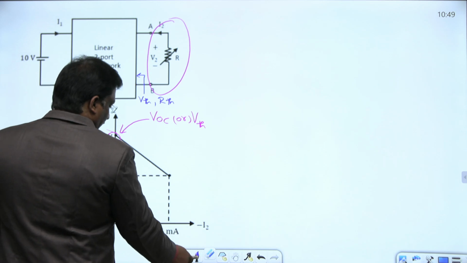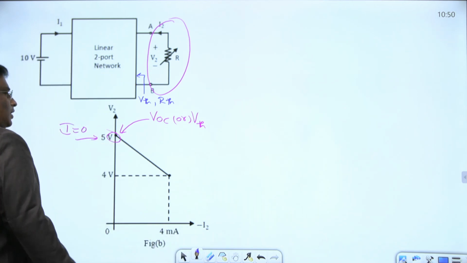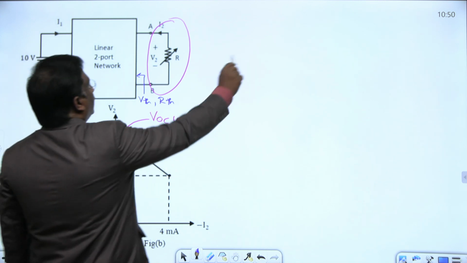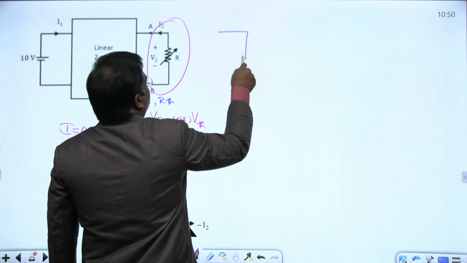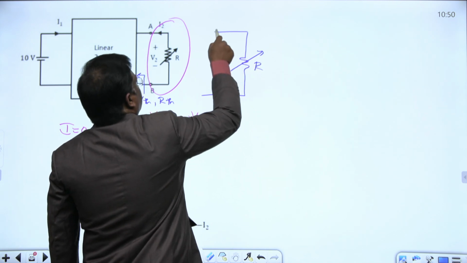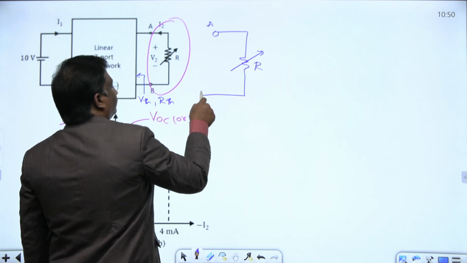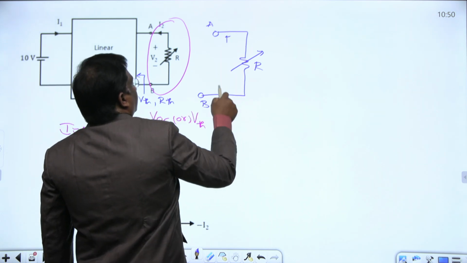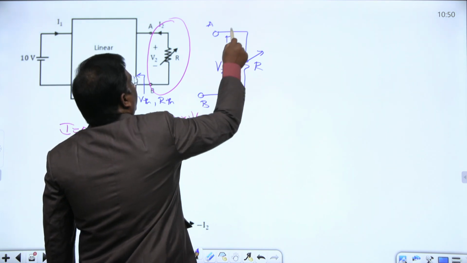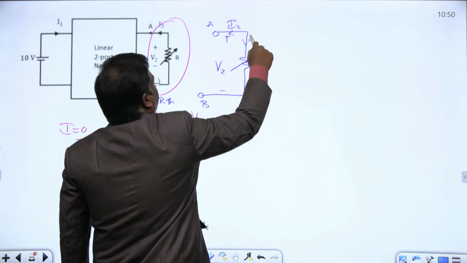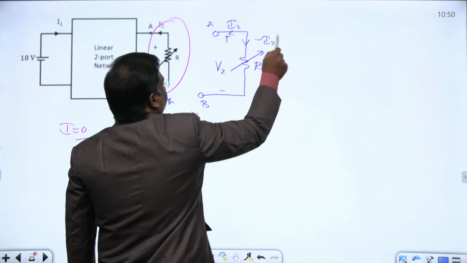Everyone, notice here. This is a relation between V2 and minus I2. This is the network, this is terminal A, this is terminal B, and this is voltage V2. I2 in this direction is nothing but minus I2.